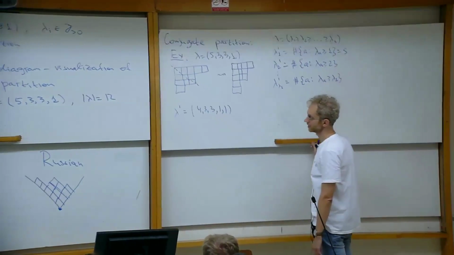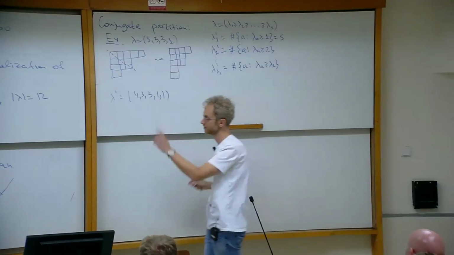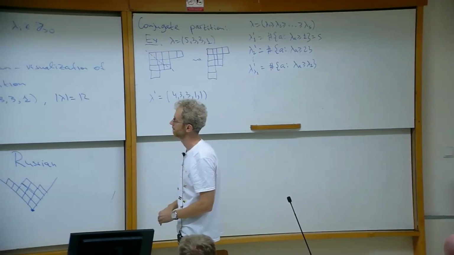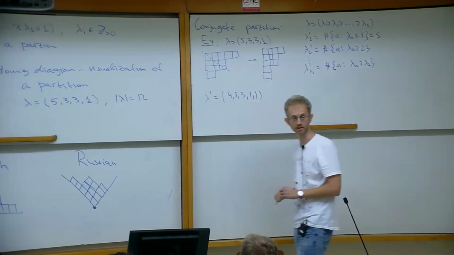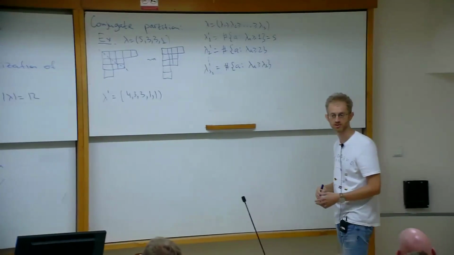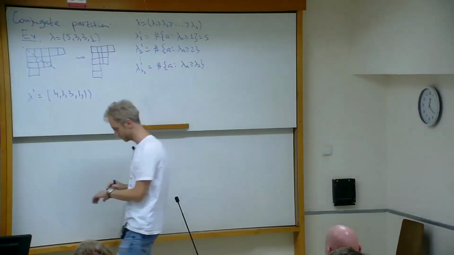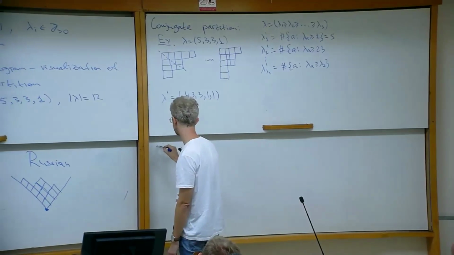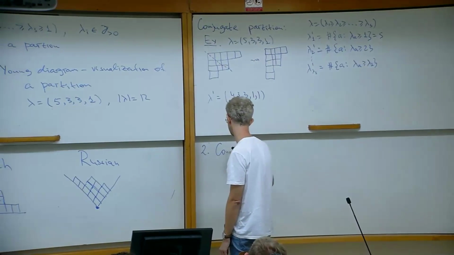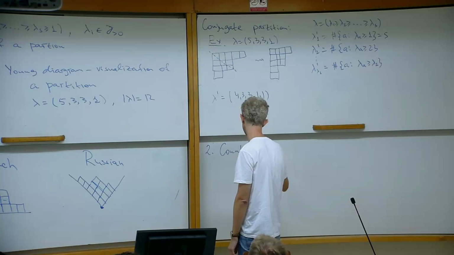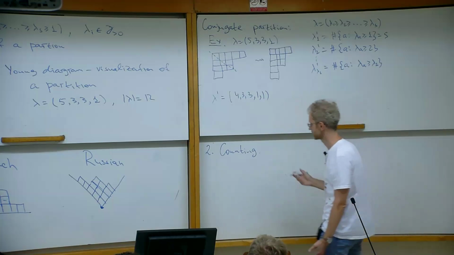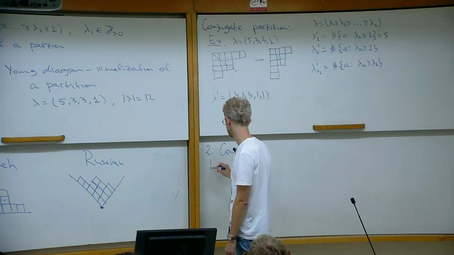Okay, so this was the first part. So we do know what the objects are that we want to look at. And now let's try to understand something about this. So maybe the initial thing is some kind of counting. Of course, maybe the very first question is how many partitions are there?